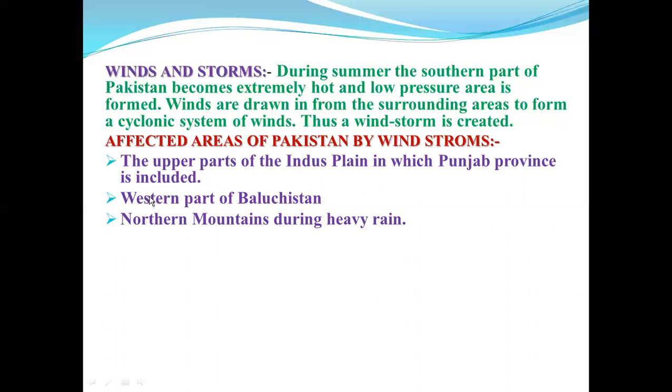The second part is the western part of Balochistan. Usually windstorms and rain during winter are caused by temperate cyclones. Number 3, northern mountains. The northern mountains receive heavy rainfall and strong winds, resulting in storms and sometimes hailstorms.